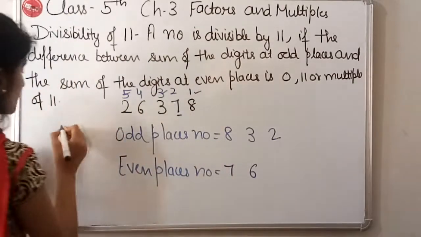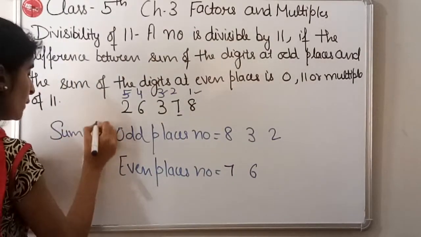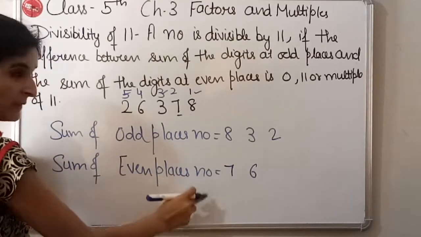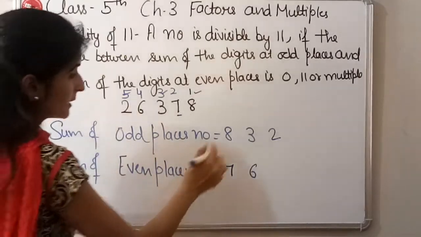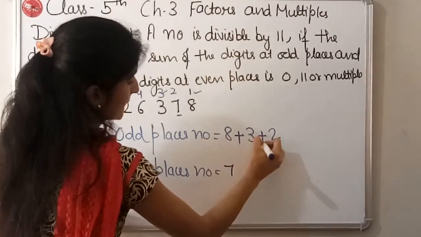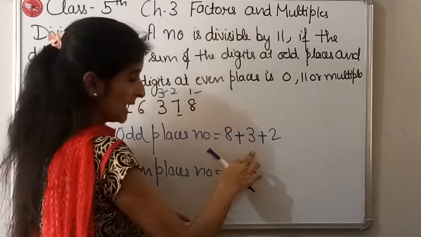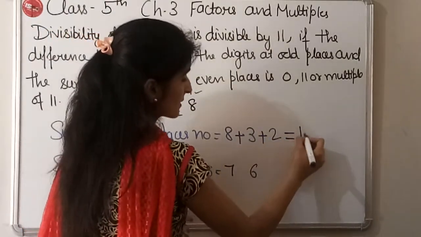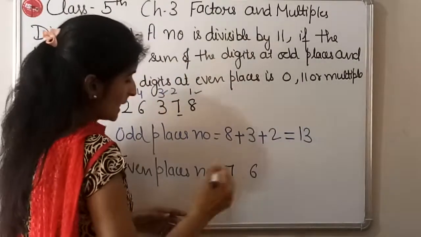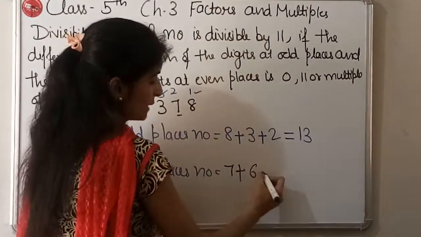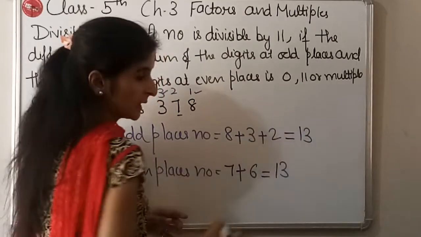Now we have to find out the sum of odd places numbers and the sum of even places numbers. Fine. So if I am finding the sum of these odd places numbers, then 8 plus 3 is 11. 11 plus 2 is 13. And if I talk about the sum of even places numbers, then 7 plus 6 is 13.